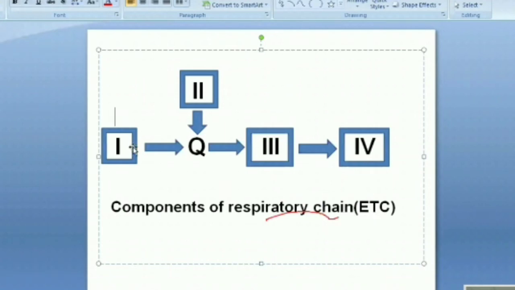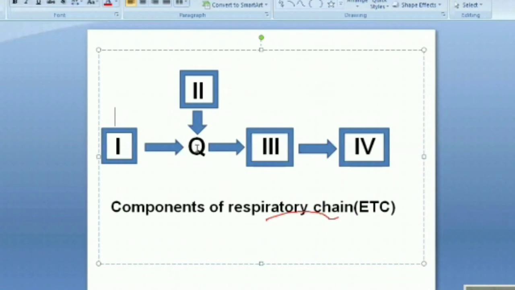Electrons will move from complex 1 to coenzyme Q because of increasing redox potential. The capacity to hold electrons by complex 1 is less than that of coenzyme Q. That's why complex 1 will transfer that electron to coenzyme Q. Is it clear?